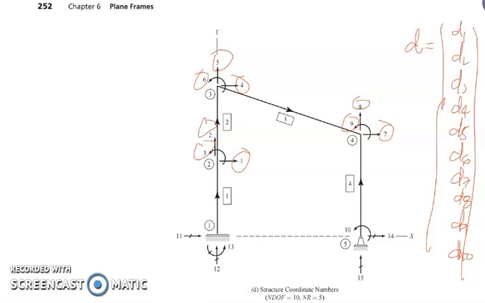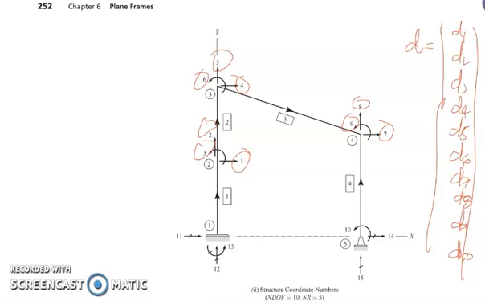Now we have identified our degrees of freedom, so we have now to identify our restraint coordinates. We're going to go back to the joints wherein there are no degrees of freedom. Going back to joint 1, there are no degrees of freedom along x and y and about the z-axis. So we have restrained x and y coordinates and restrained also about the z-axis.